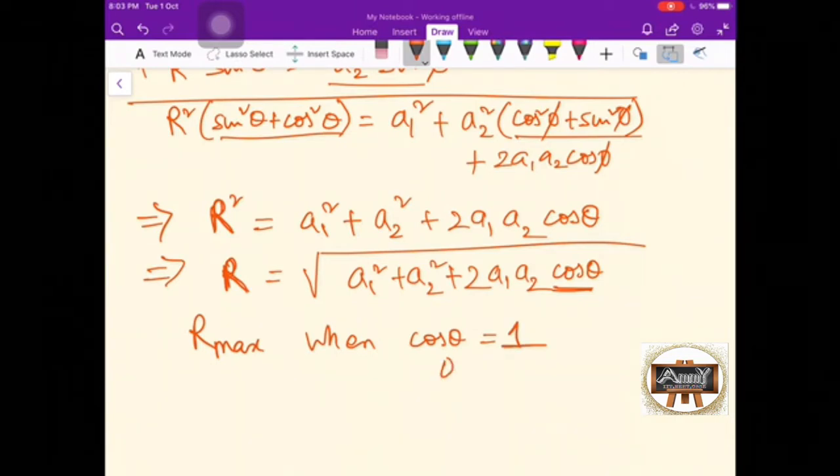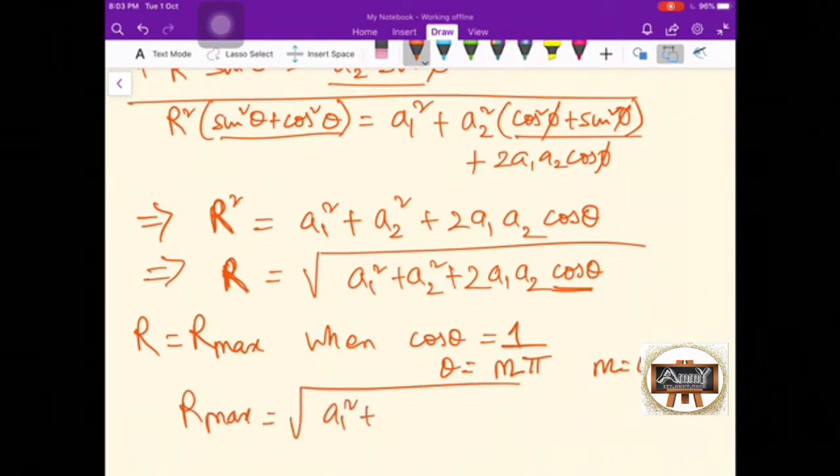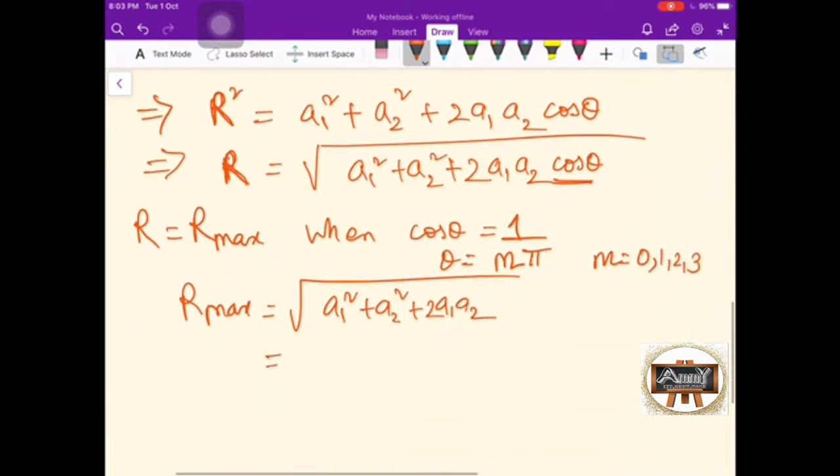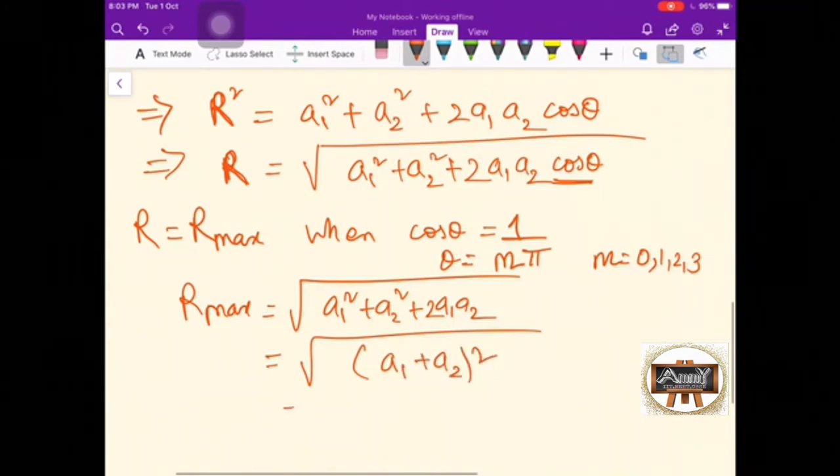This is possible when theta is equal to 2m pi, where m runs from 0, 1, 2 onwards. So r is r max when cos theta is 1, so that r max will be equal to root of A1 square plus A2 square plus 2 A1 A2. If you carefully see, this is nothing but the expression of (A1 plus A2) whole square.